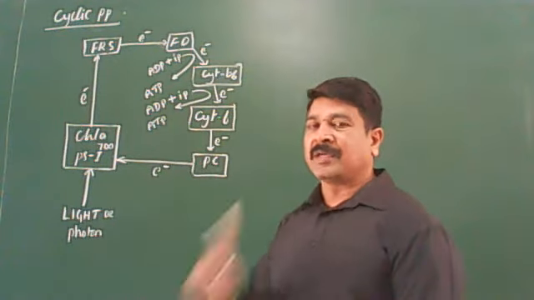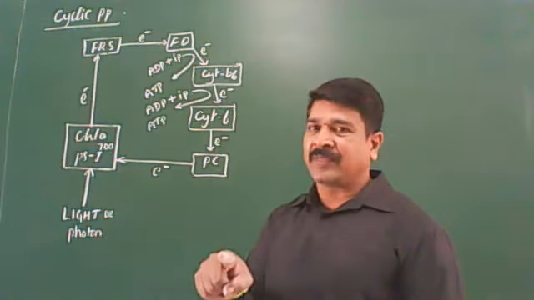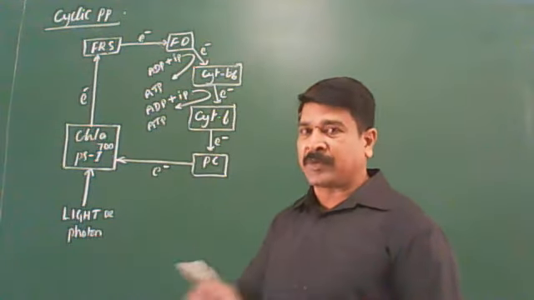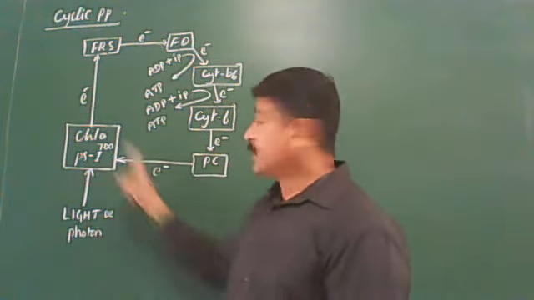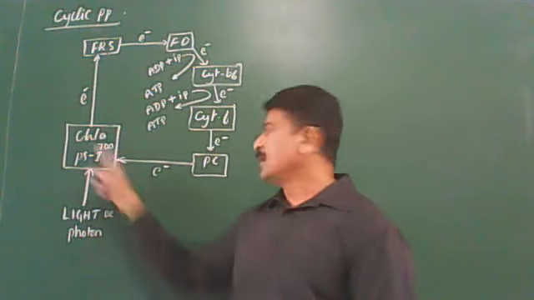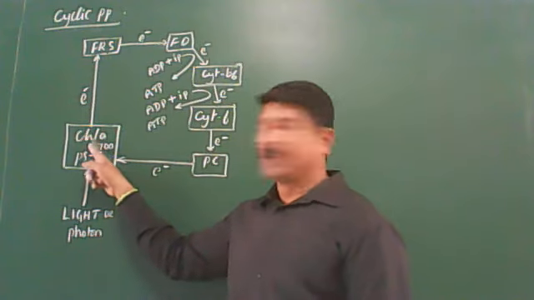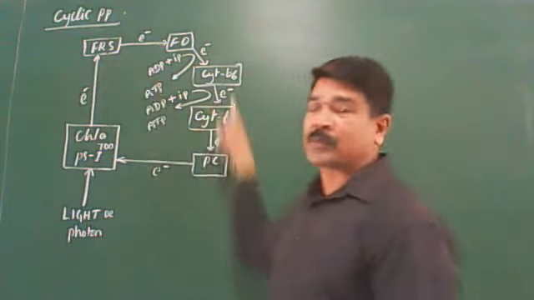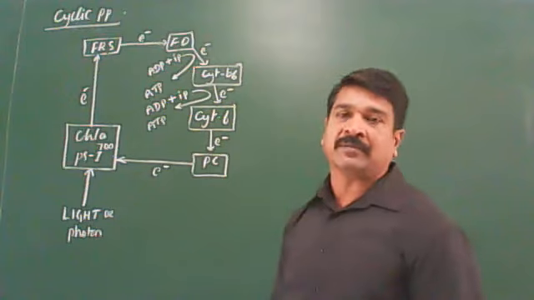When it loses the electron, it becomes oxidized; when it regains the last electron, it becomes reduced. That you should keep in mind. This electron fills the gap in its reaction center, so that it can again repeat the process. Hence the name cyclic photophosphorylation.